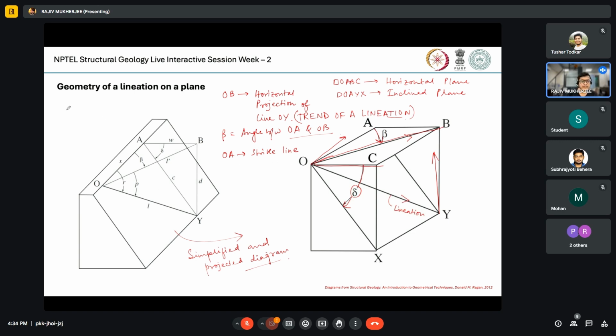So we can write it like this: beta is the angular difference between strike and the trend of a lineation.